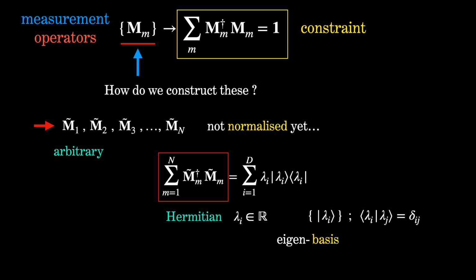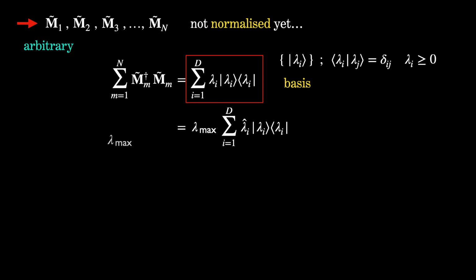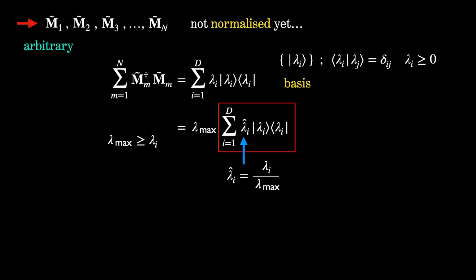And since this is a sum of positive operators, the sum itself is positive, and therefore all its eigenvalues lambda are positive. Let's factor out the largest eigenvalue, lambda max, from this expression. Lambda hat is just a fraction of the eigenvalues over lambda max, and is thus less than or equal to 1 by definition.